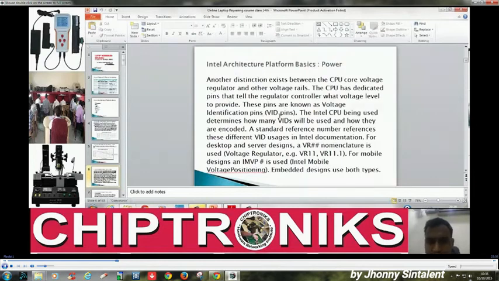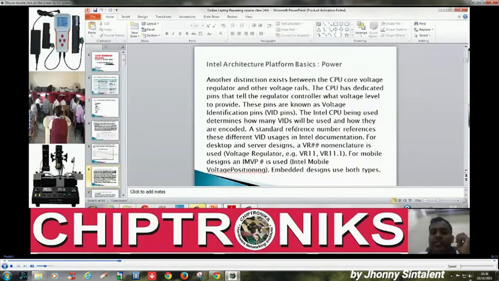These pins are known as voltage identification pins, and in a desktop motherboard this is called VR nomenclature. That is, while searching for the data sheet of a desktop VRM, you can find it like VR11, VR11.1, whereas in mobile, that is notebook design, this IMVP is used, Intel Mobile Voltage Positioning.